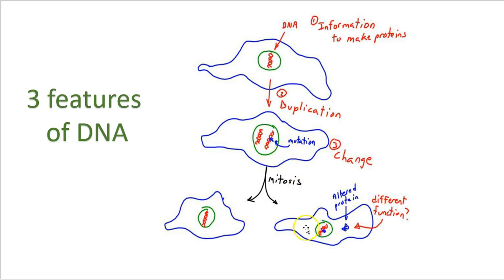So the offspring may be different from each other and different from the parents. Now natural selection will come along and operate on this variation. Factors in the environment may favor a mutation or penalize a mutation. So the differences that make a difference to survival are generated by the change feature of DNA, mutations.